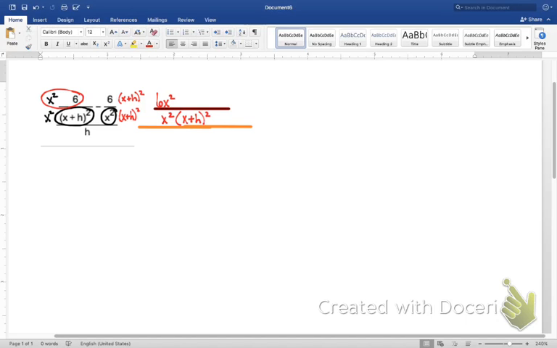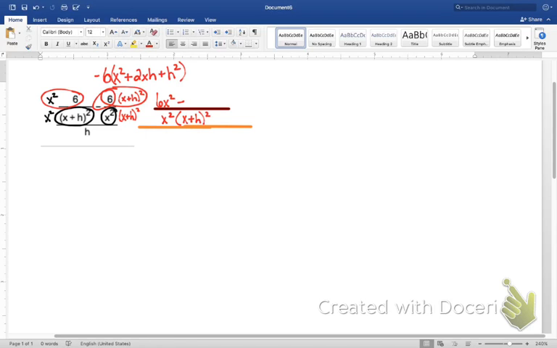Okay, minus, okay, I need to multiply those two together. So whenever I do that, I'm going to have 6 times x squared, or really negative 6 if you want to combine the negative together, x squared plus 2xh plus h squared.